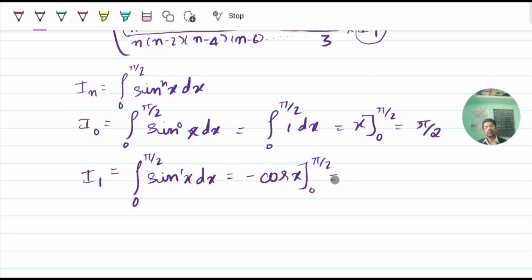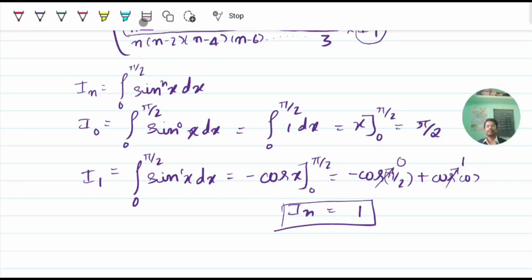When we apply limits, we get minus cos pi by 2 minus, minus into minus is plus, cos 0. What is cos pi by 2? That is 0. What is cos 0? That is 1. So I1 value is 1 and I0 value is pi by 2.